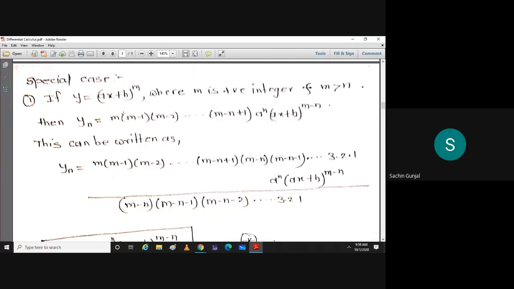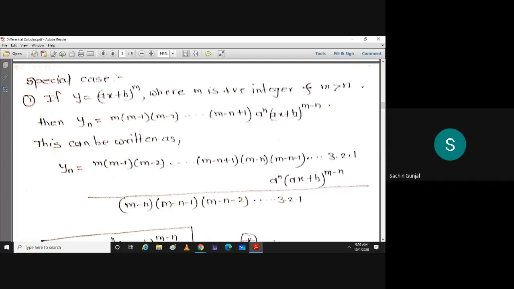So the nth derivative is m, m minus 1, m minus 2 up to m minus n plus 1. I want to write this term in terms of factorial, so I am multiplying and dividing by the numbers which are missing: m minus n, m minus n minus 1 up to 3, 2, 1.